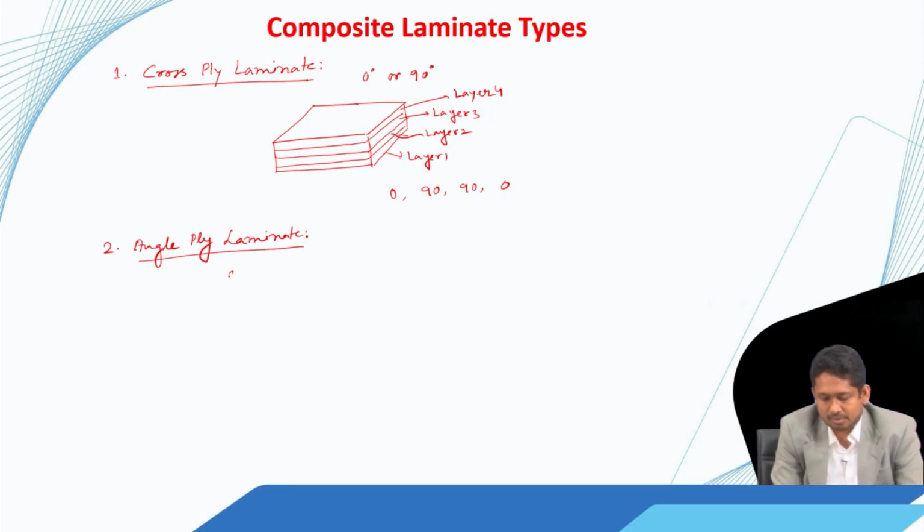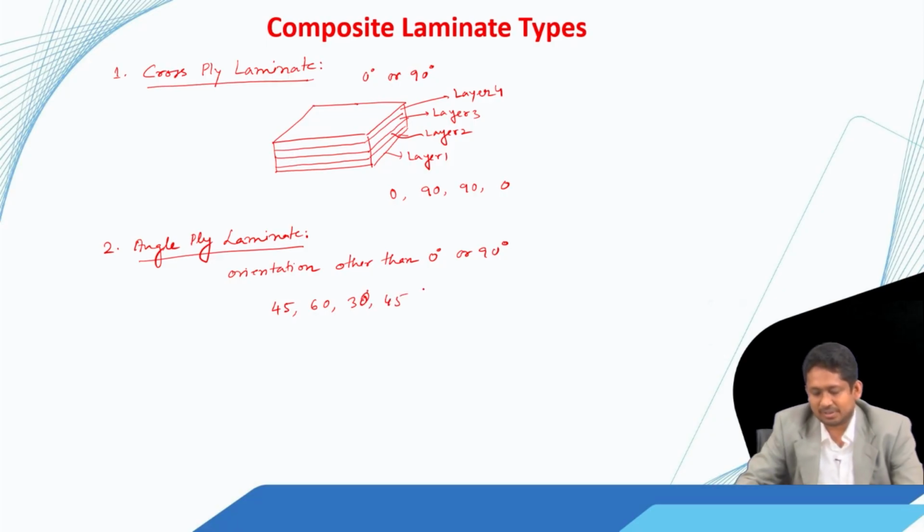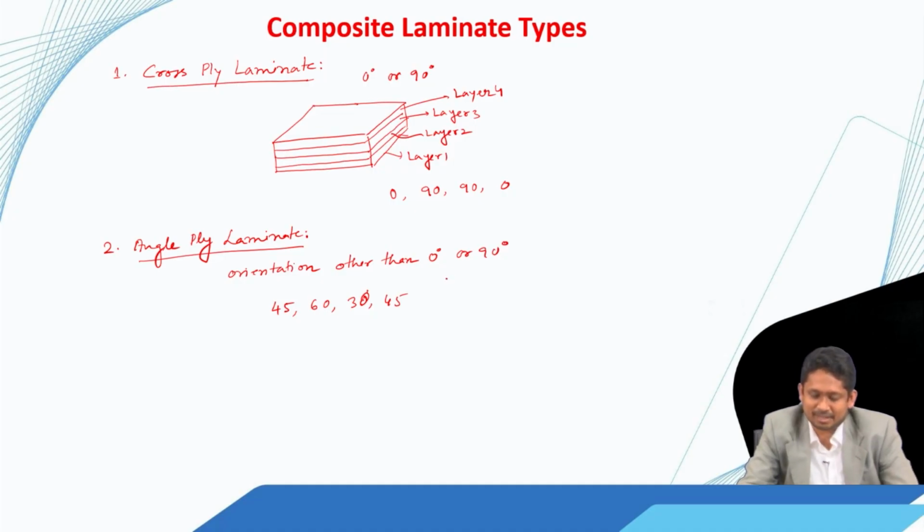So, again if we say that our layer 1 is 45, layer 2 is 60, layer 3 is 30 degree, and layer 4 is suppose 45 degree. So, in that case, none of the plies have angle orientation which is either 0 or 90. So, this is an angle ply laminate, and we can go for a mixed also.